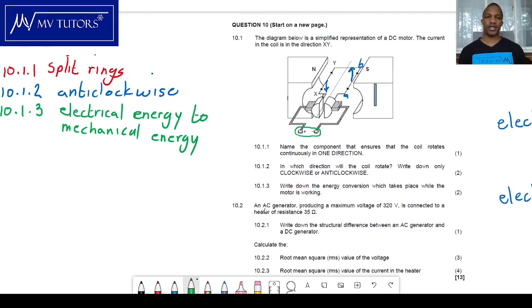It says, in an AC generator, now we're speaking about a generator, not a motor anymore, producing a maximum voltage of 320, is connected to a heater of resistance 35 ohms.